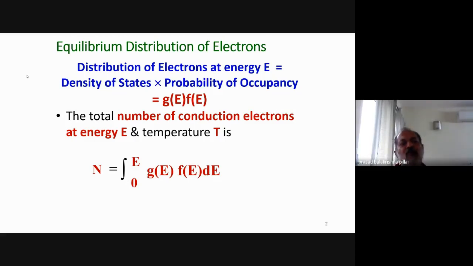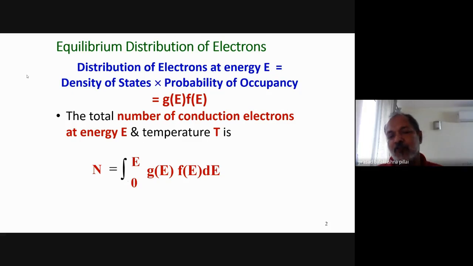So we need to know the density of states. For example, if I want to know the carrier concentration in the conduction band, I need to know the density of states in the conduction band, and then the probability of occupying that particular energy state. The product of these for a given temperature will give me the carrier concentration. That is how we bring in the energy band, because for many lectures we were devoting time to energy bands.